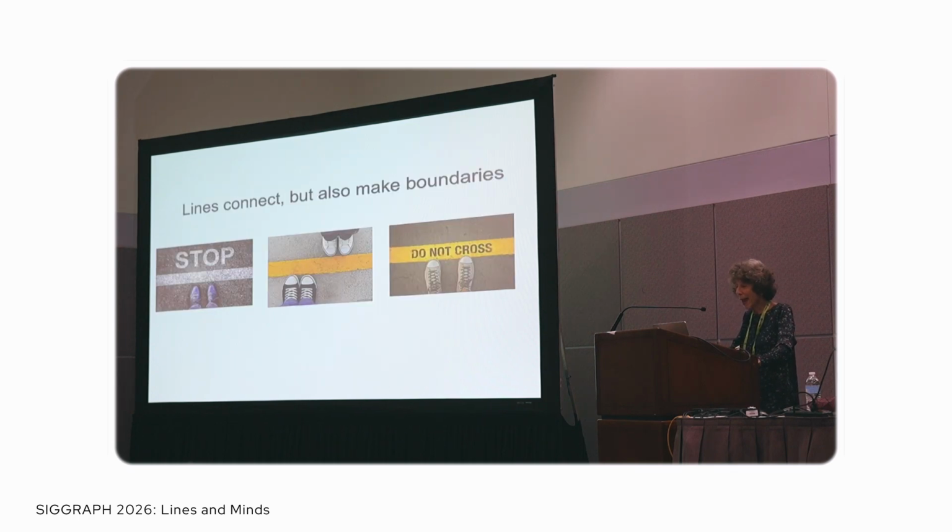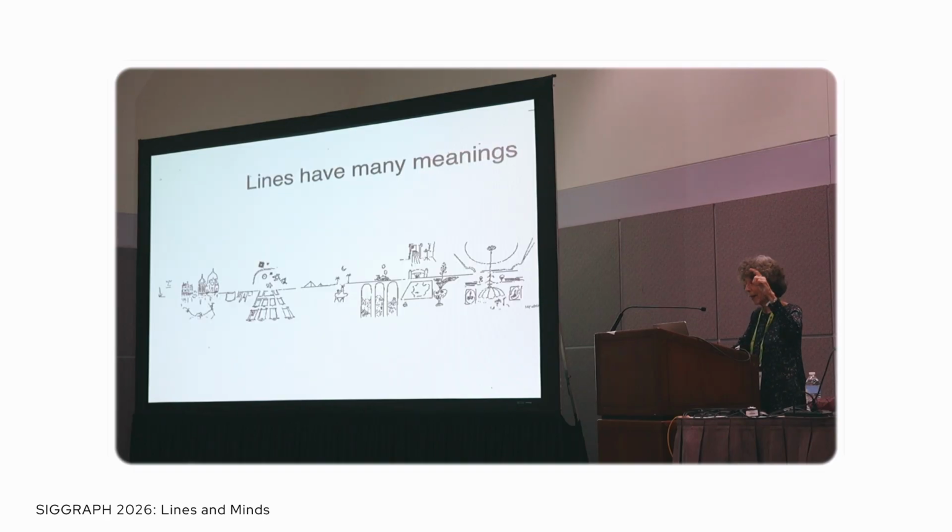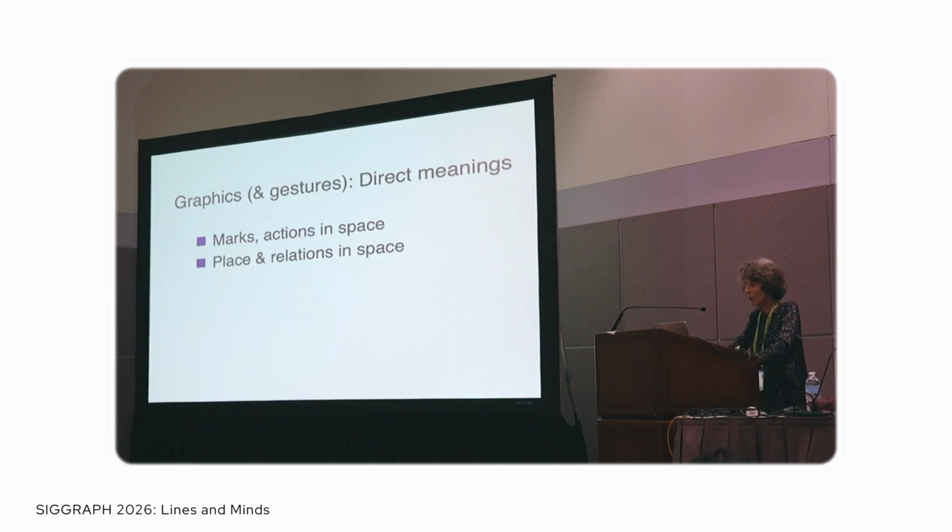So lines connect, but they also make boundaries. And lines draw anything you like. Here's more Steinberg, and the line you see on the left, Steinberg drawing, and the line keeps changing meaning. And you can interpret it easily by the context. So gestures and graphics, or graphics and gestures, have more direct meaning than symbolic words.